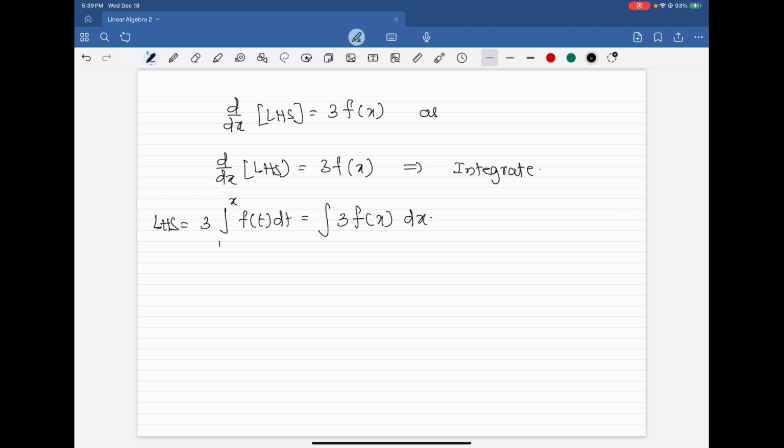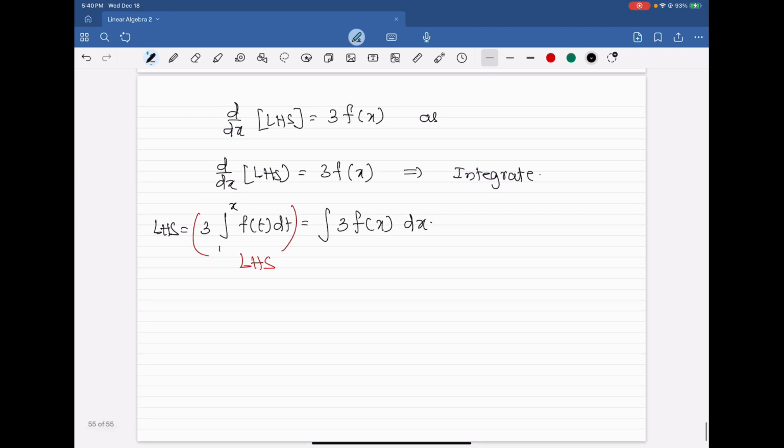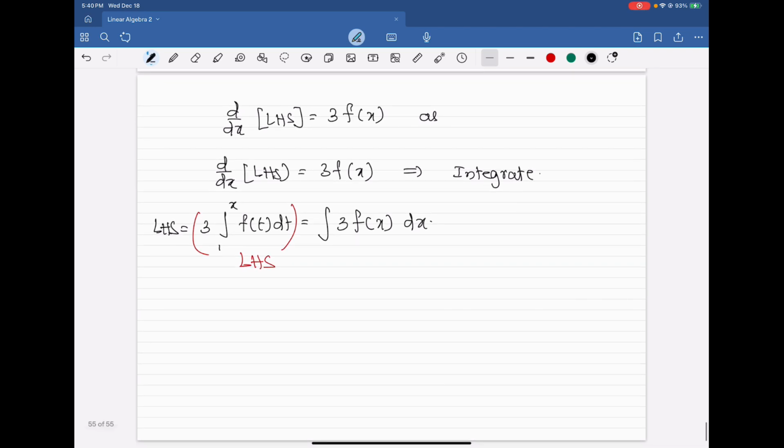This whole is the left hand side. This is equal to, because 3 into this left hand side is equal to 3 f x, we will integrate 3 f x from 1 to x. Now, you just see.